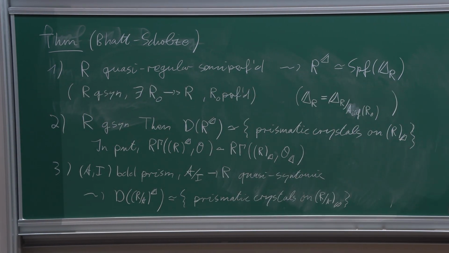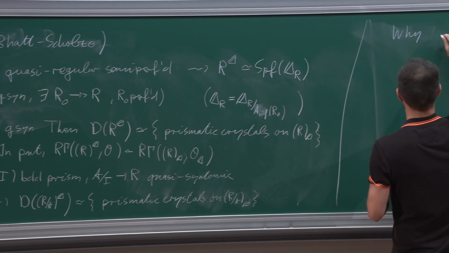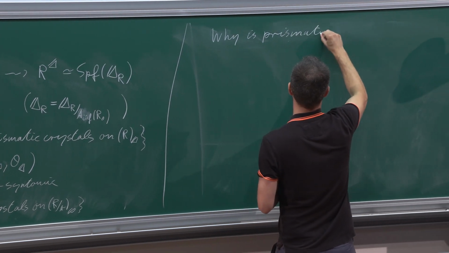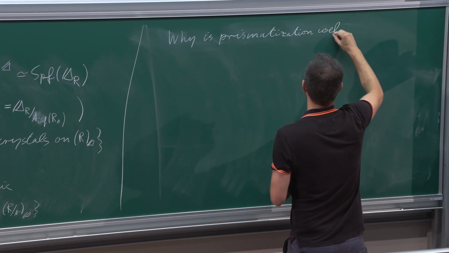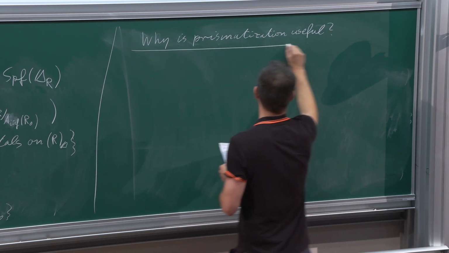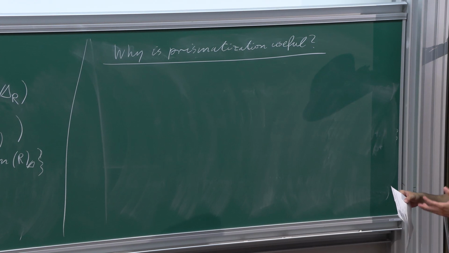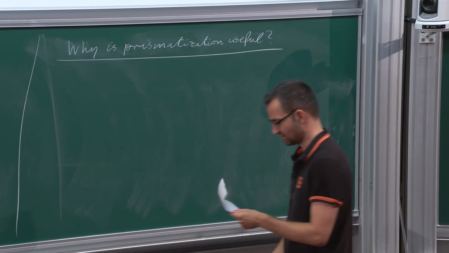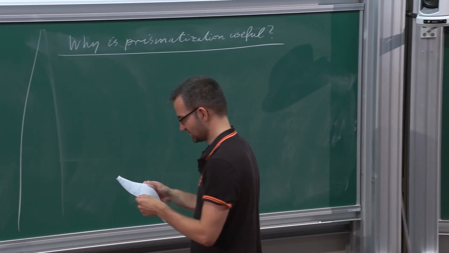And so what I want to address now is why the prismatization is useful. Basically the prismatization is a theory which is equivalent to prismatic sites and prismatic cohomology, but some things are easier to see using the prismatization.